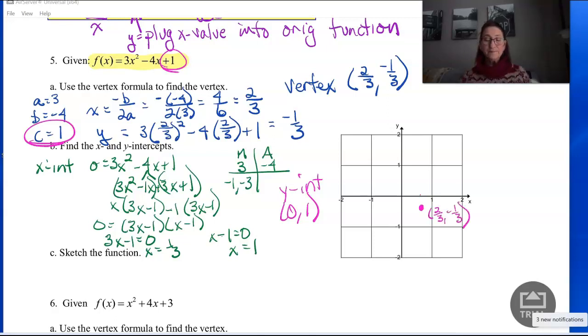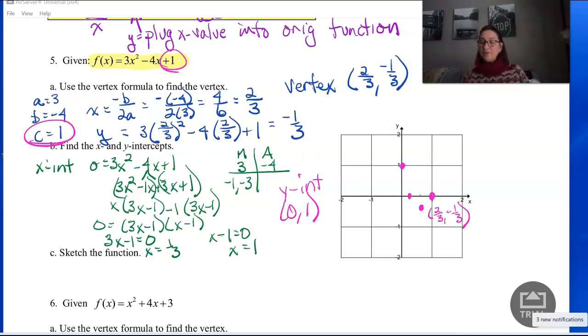And I know this is going to open up because my a value of 3 is positive. My x-intercepts are 1/3, right here, and 1. There we go. And my y-intercept is 0, 1.